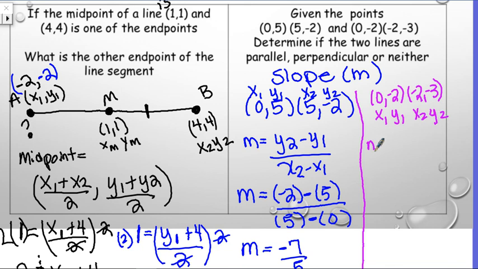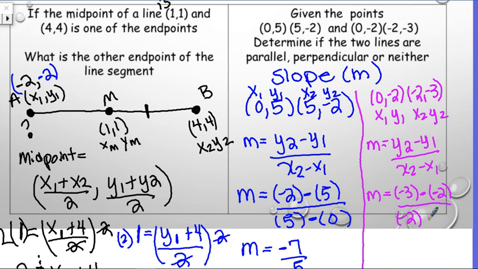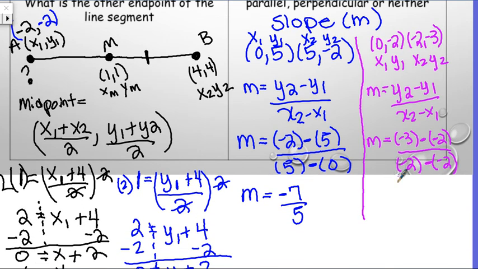So my slope equals y2 minus y1 over x2 minus x1. So I'm going to substitute in. So we get negative 3 minus 2 over negative 2 minus 2.